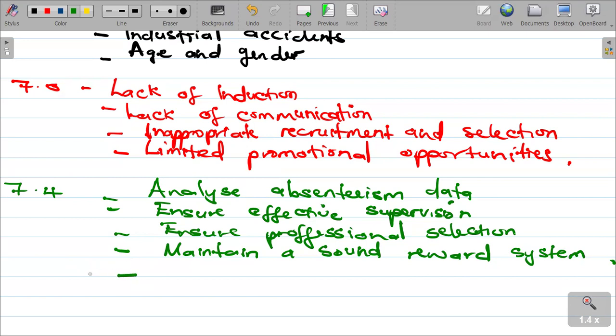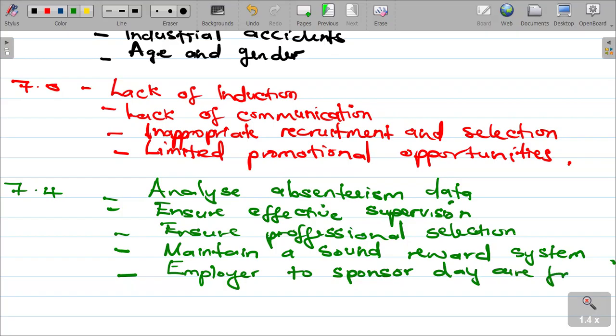We should also sponsor daycare for children. Employer to sponsor daycare for children. Right?